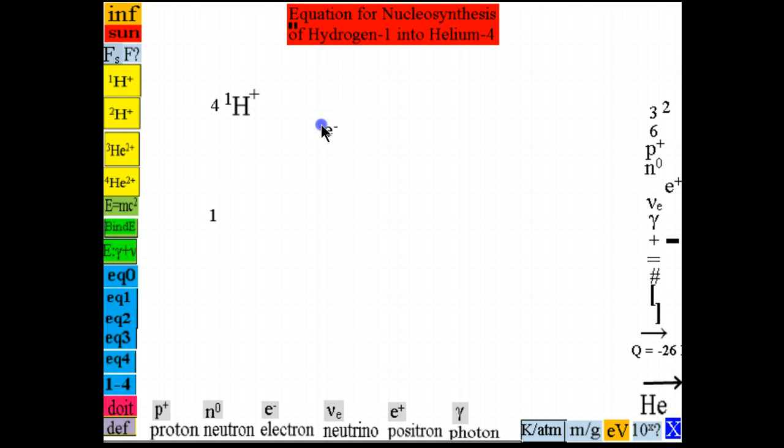I need 2 electrons, and this results in 1 helium-4. That means it has 2 protons and 2 neutrons, and that has a positive charge of +2.